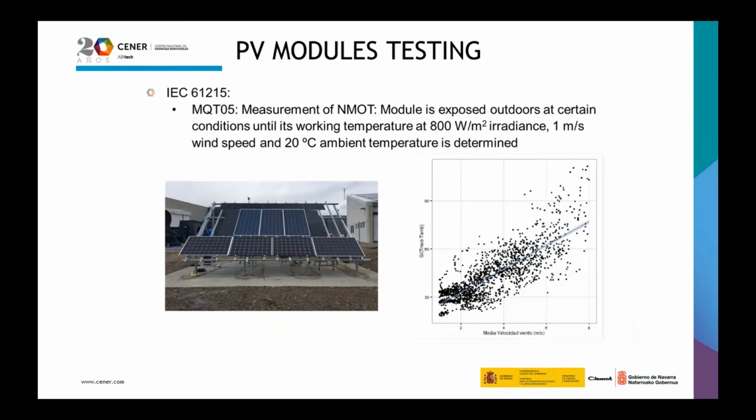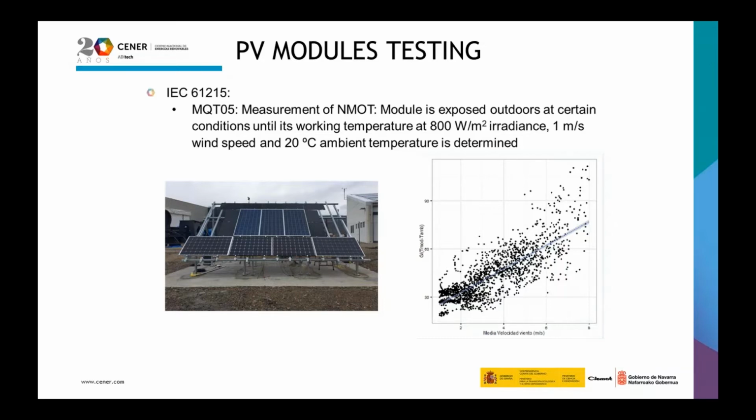Here we can see measurement of the nominal module operation temperature. Usually the modules are rated at standard test conditions. So we have the power value that the modules will provide under standard test conditions. That is at 25 degrees centigrade of temperature and 1000 watts per square meter of irradiance.